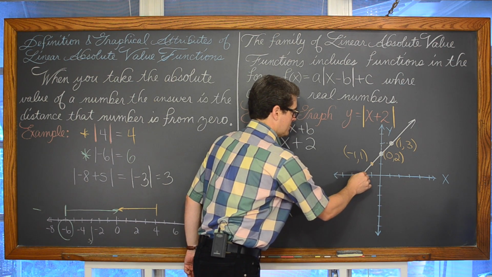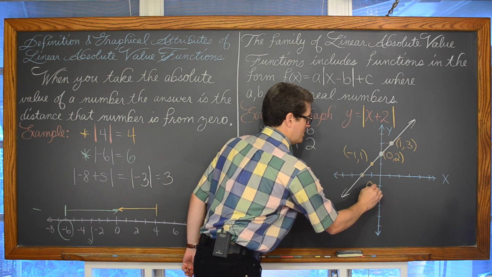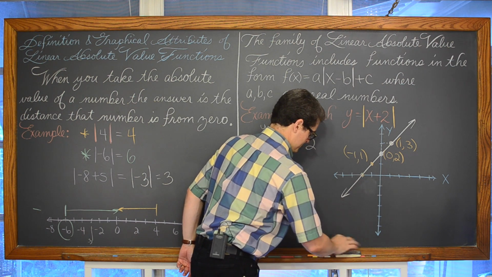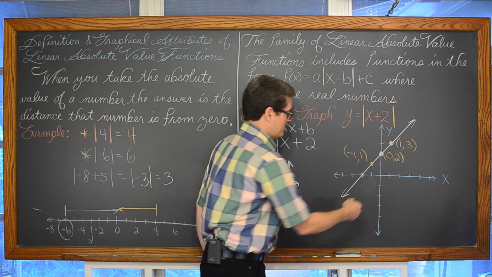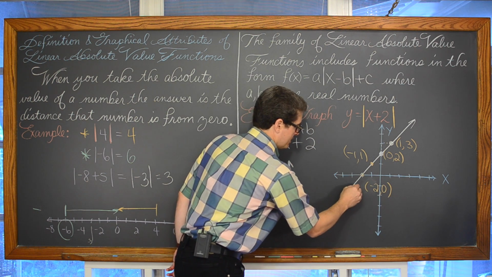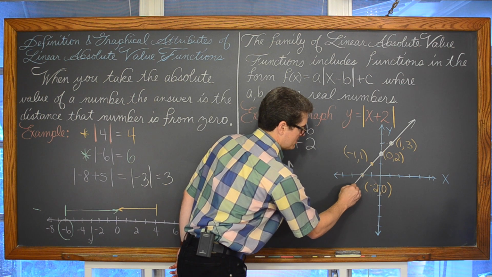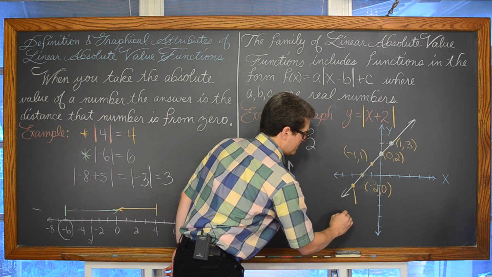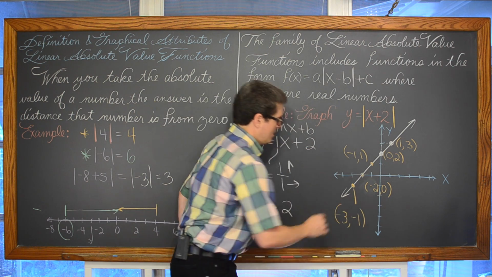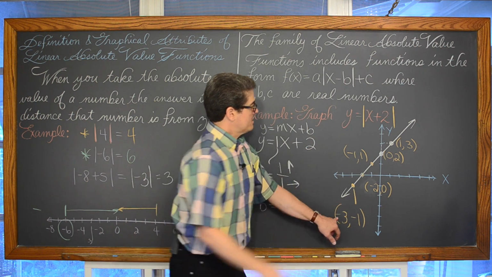This has a coordinate of 0, excuse me, not 0 first. My students make that kind of mistake all the time too. Left and right movement first. So negative 2, 0. And now if I come into here, that coordinate is going to be negative 3, negative 1. So I'm plugging negative 3 into here.